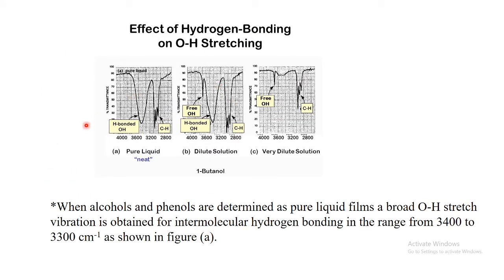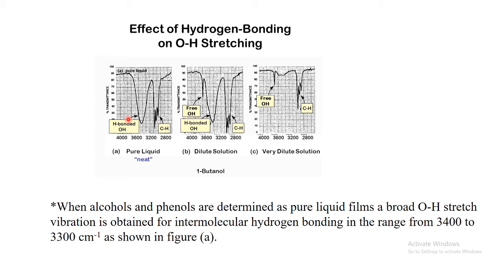So in order to solve this question, we have to understand the effect of hydrogen bonding on OH stretching frequency. So when alcohols and phenols are determined as pure liquid films, a broad OH stretching vibration is obtained for intermolecular hydrogen bonding in the range from 3400 to 3300 cm inverse.